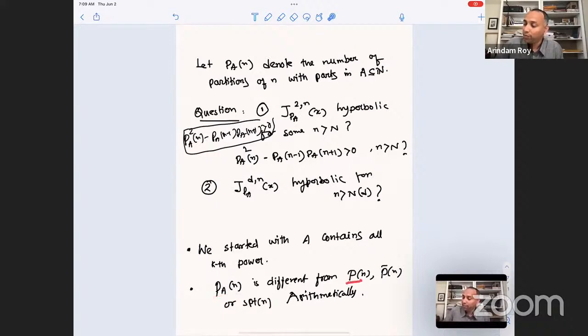And again, correct me if I'm wrong, there are congruence relations known for these three partitions, but I think there are no congruence relations known for this P_A(n), where A is just the kth power set.